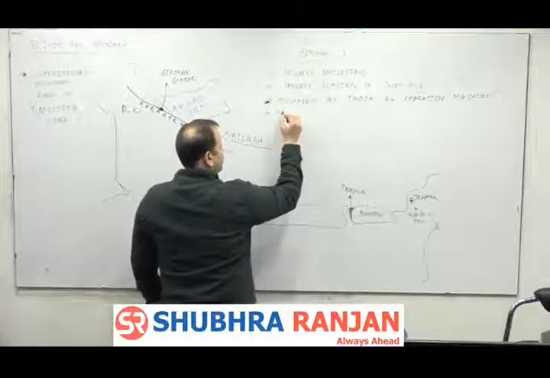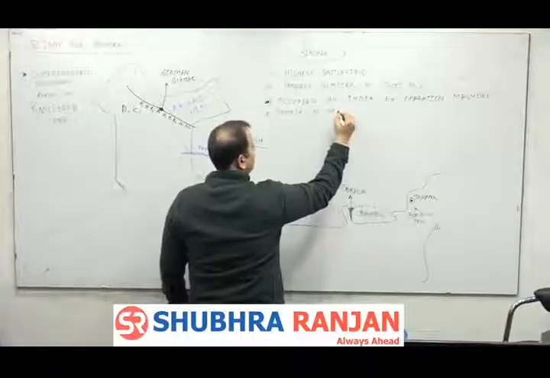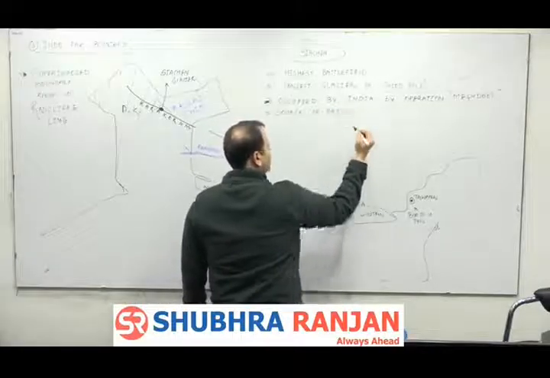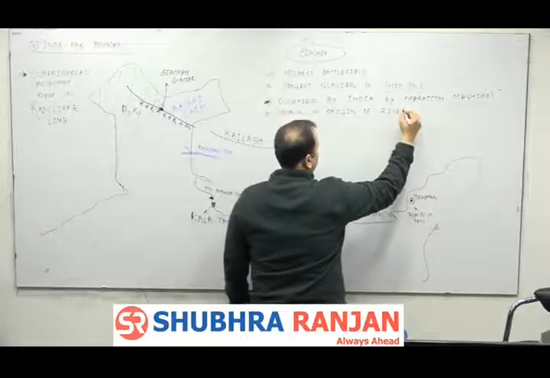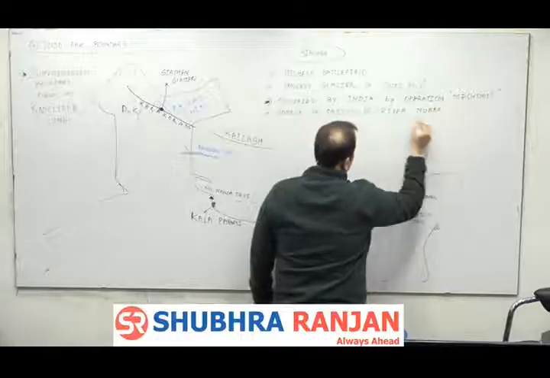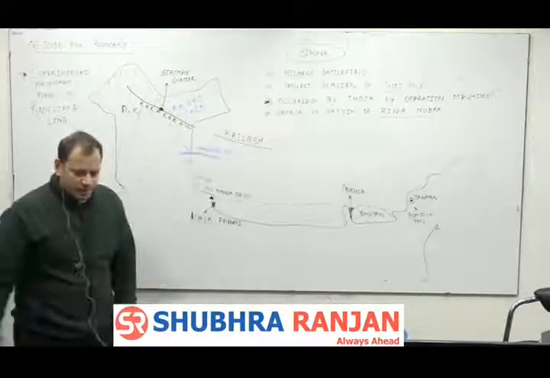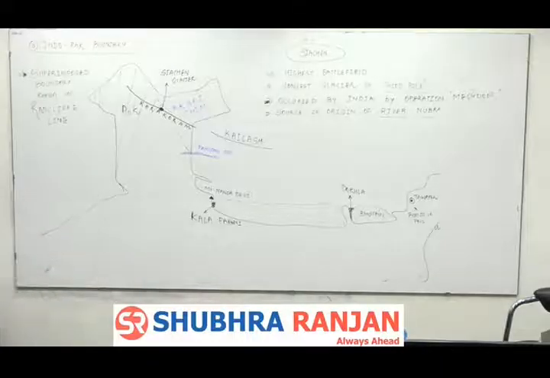It is the source of origin of which river? सियाचिन से कौन सी रिवर ओरिजिनेट होती है? Origin of river Nubra. It is the source of origin of river Nubra. So which river lies in the Siachen glacier region? It is the river Nubra.